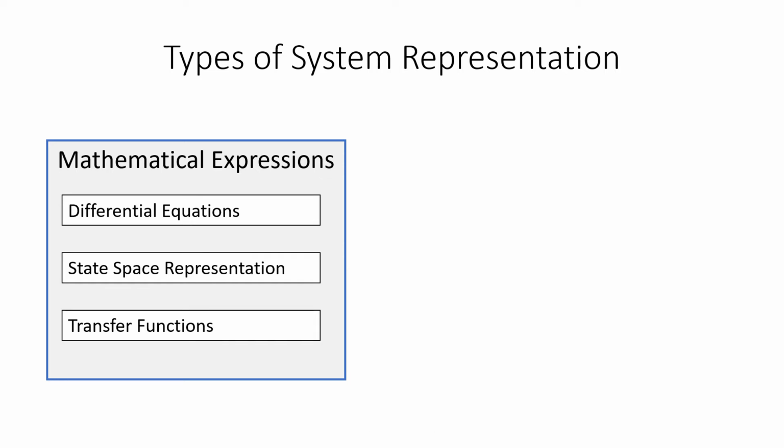Let's now discuss the mathematical paradigm first, and in that we have three topics to be covered. First of all, we will see the differential equations. In previous lectures, we have seen a wide variety of differential equations. We started from the translational mechanical systems, and then we shifted on to the rotational mechanical systems.